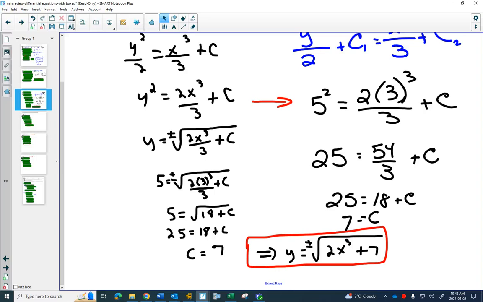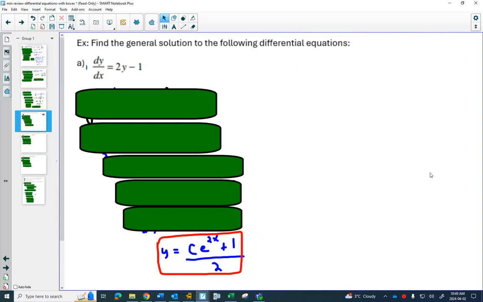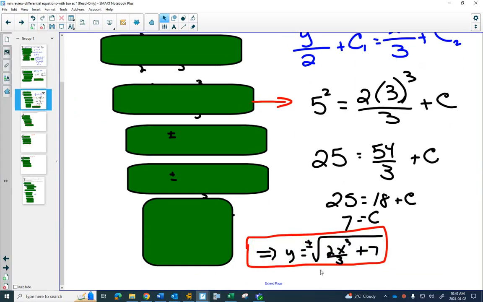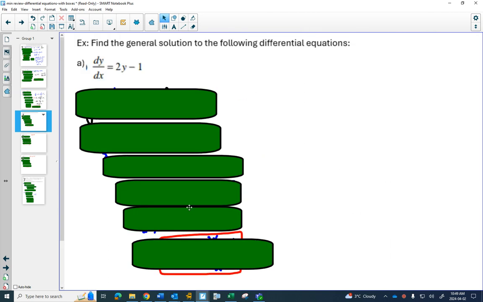So, the next page, I'd like you to try those 3 on your own. Oh, and yes, so on that last one we noticed was missing a 3 on the bottom there, so added that up.